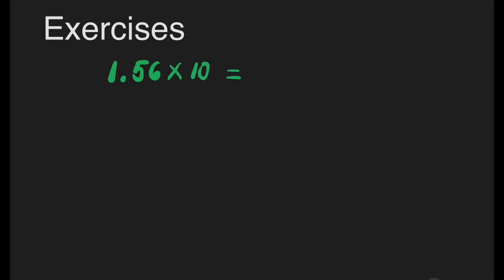Let us have some exercises. What if we have this one? 1 and 56 hundredths times 10. We don't need to perform the long cut. How many zeros can we see here? We have only 1 zero, so it means we have to move 1 decimal place to the right.